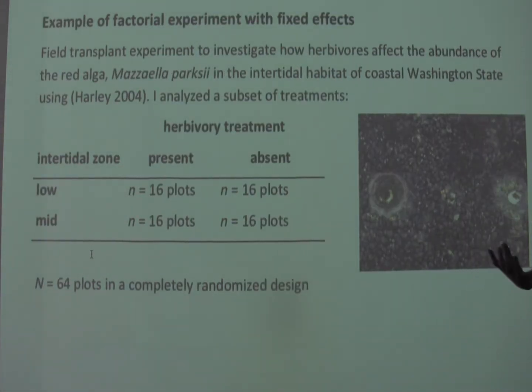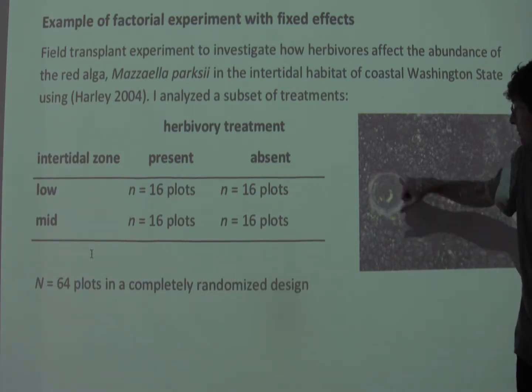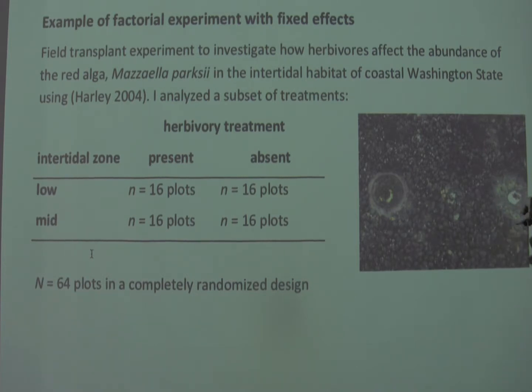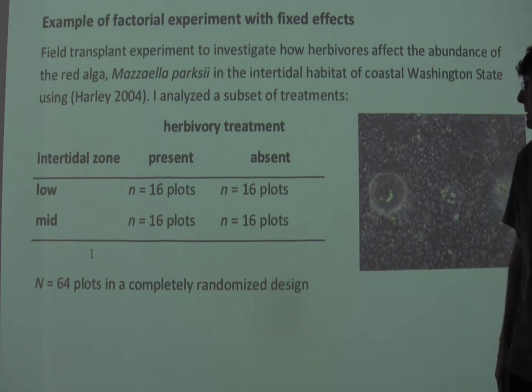So maybe a typical kind of example in ecology would be an experiment that Chris Harley did a number of years ago. It's a field transplant experiment in which he took copper rings to exclude herbivores and looked at the growth of red alga. He did this in the low intertidal zone and in the mid intertidal zone, a total of 64 plots in a completely randomized design.